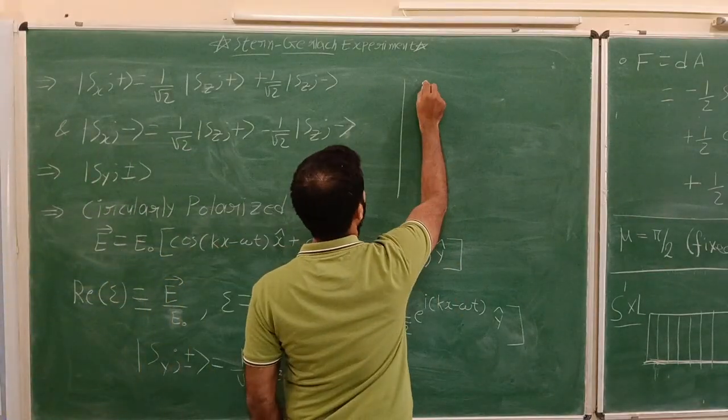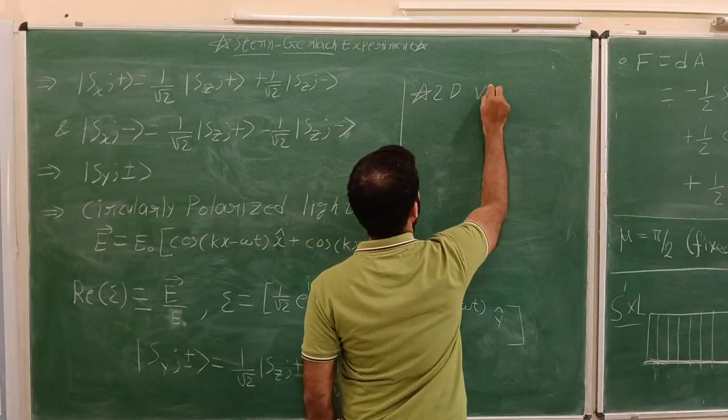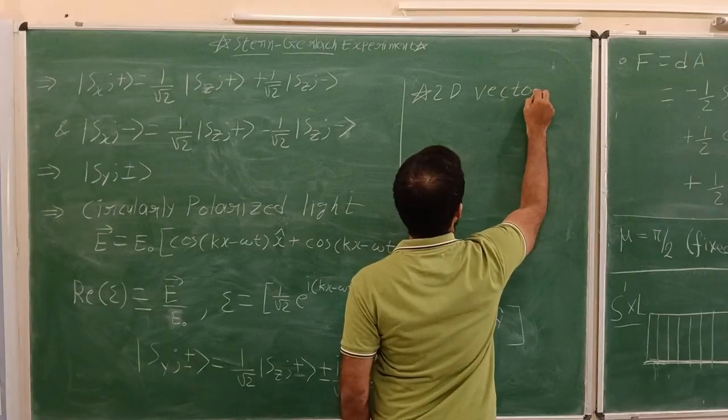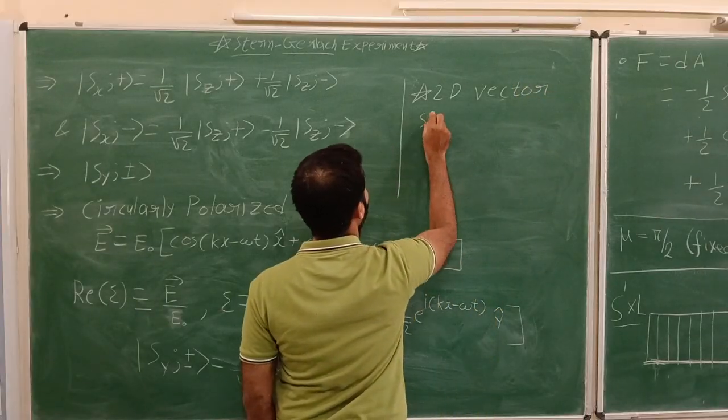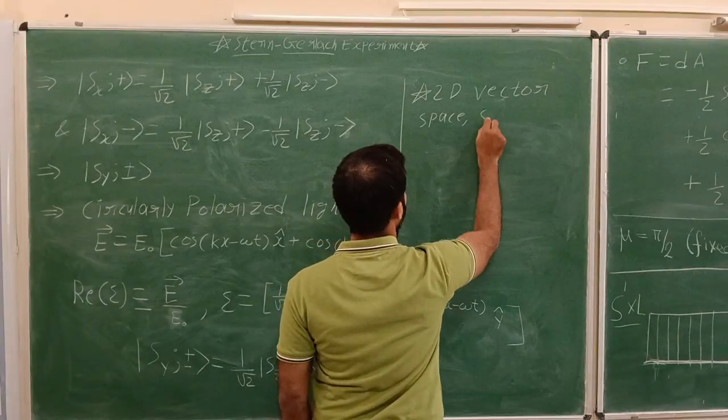We'll need a 2D vector space to describe this spin state.